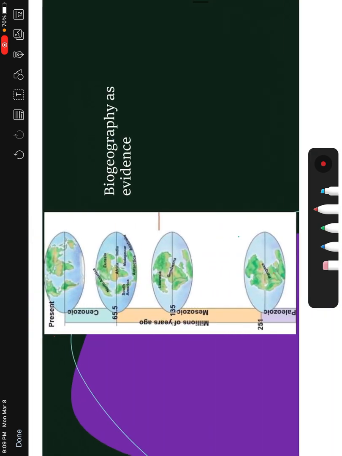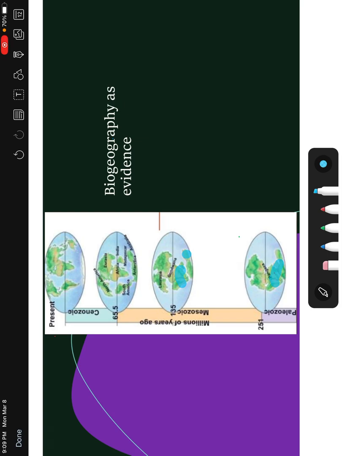Okay, so if we go back up, we will see right here, roughly, is where this common ancestor of the birds lived. When Pangaea began splitting, South America and Africa stayed together, but Australia began to drift apart.